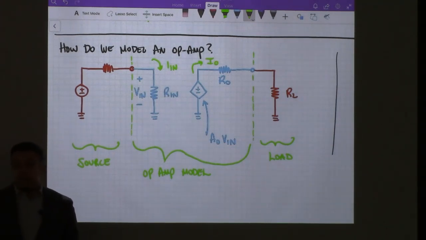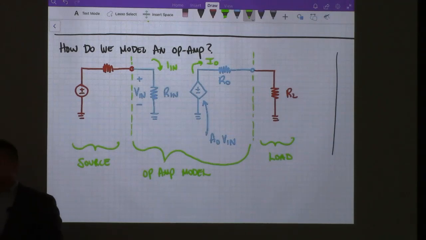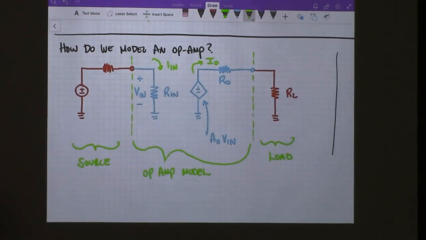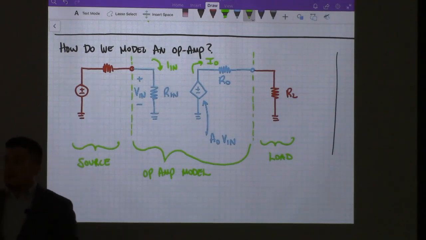Now remember, well actually, probably not remember because we haven't talked about this yet, but there are different types of amplifiers. Actually, we talked about different types of sources: voltage controlled voltage source, voltage controlled current source, current controlled, etc. There were 4 different versions. So those same permutations apply to amplifiers.